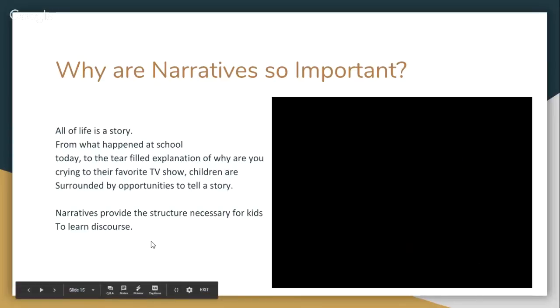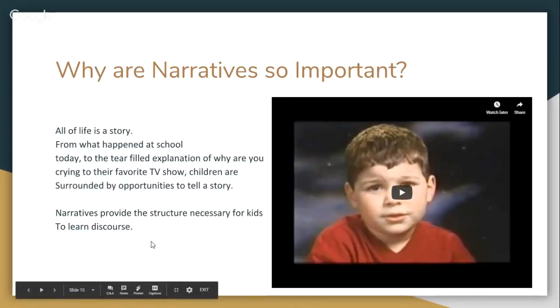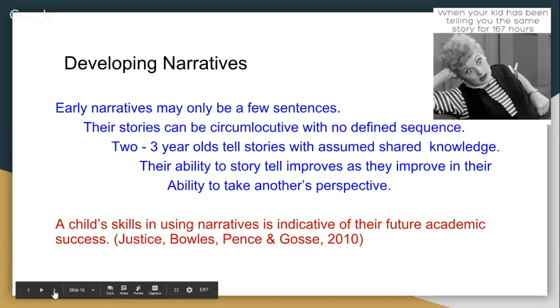That pretty much sums it up. Young children often have a very hard time learning and using the story narrative. Developing narratives starts with just a few sentences.